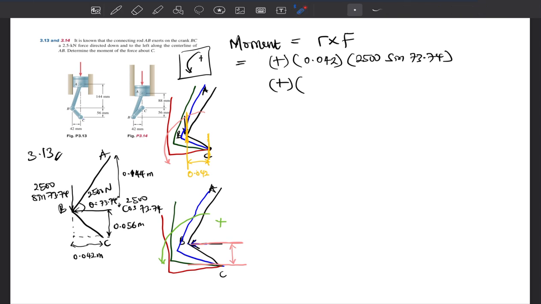So as you can see from our initial drawing, the distance that is here is 0.056. So you can write our distance here as 0.056. So we're going to input that in our calculation, 0.056. Then we're going to write our force, 25 cos 73.74.